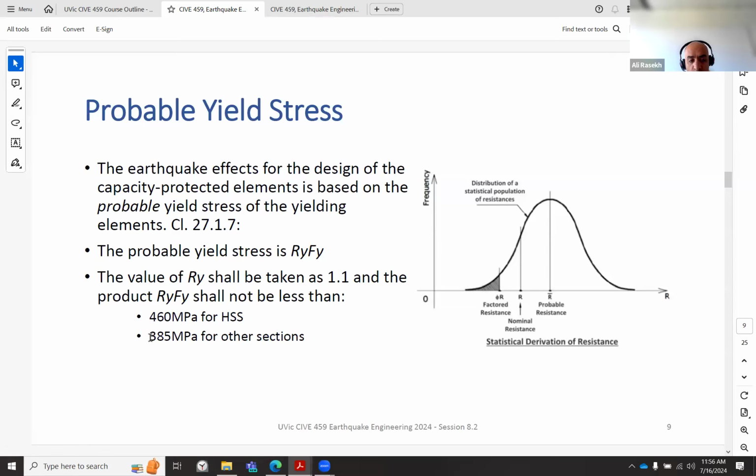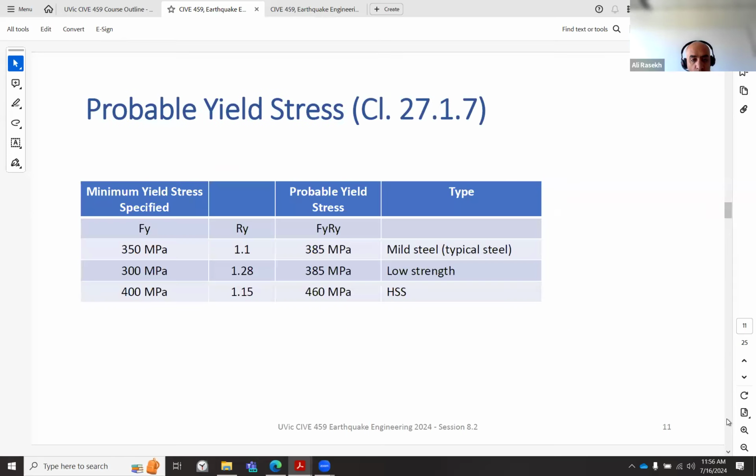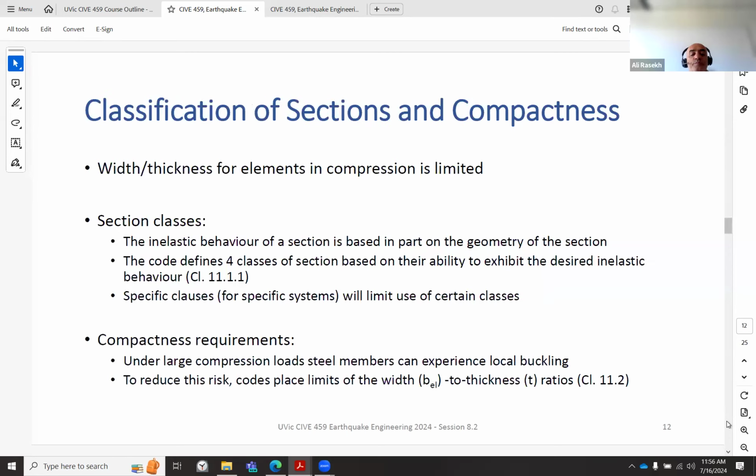We set a minimum of 385, and 460 for HSS. However, the Ry is at least 1.1, similarly to what we are seeing here. So just reiterating the same thing, but this is in table format, so it's easier to use.